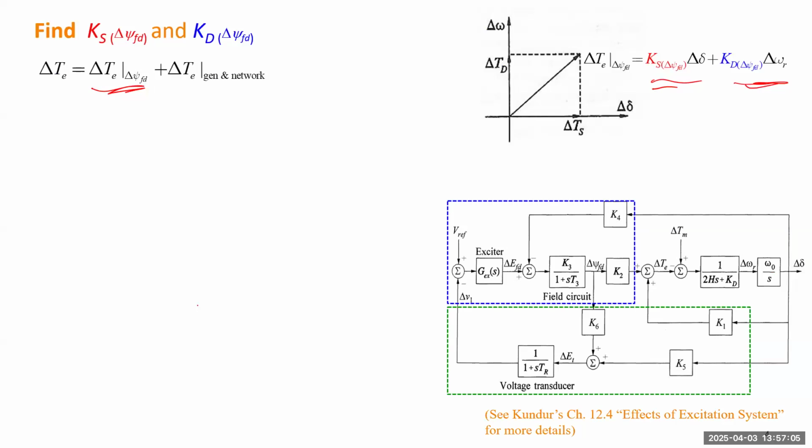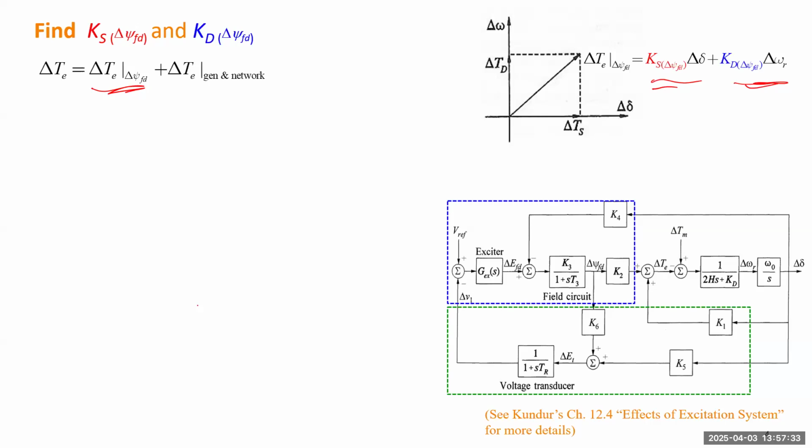If you go to Kundur's book, chapter 12.4, there's one section that derives this block diagram. You should be able to do that on your own without looking at that chapter, based on what you learned from the generator modeling section and also the excitation system section. You just put all the equations there and try to draw the block diagram, and you should be able to finish this one.